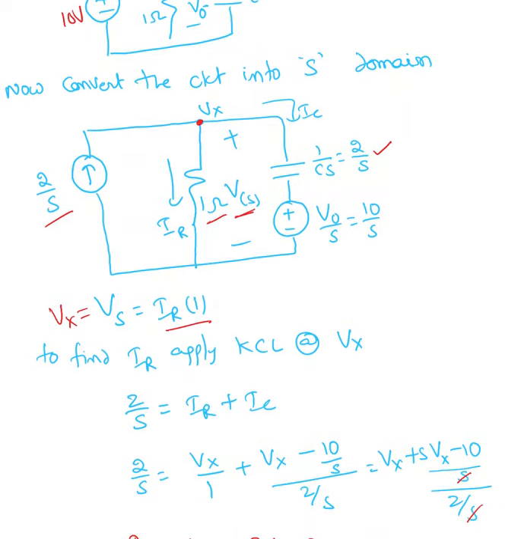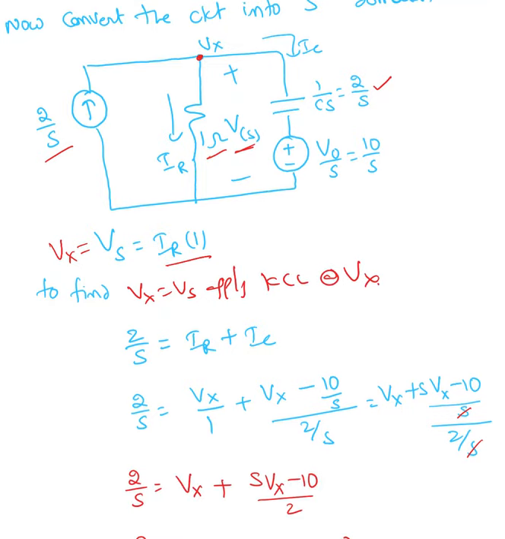To find Vx, which equals V of S, apply KCL at Vx. So 2 over S is coming in, IR is going out, IC is going out.